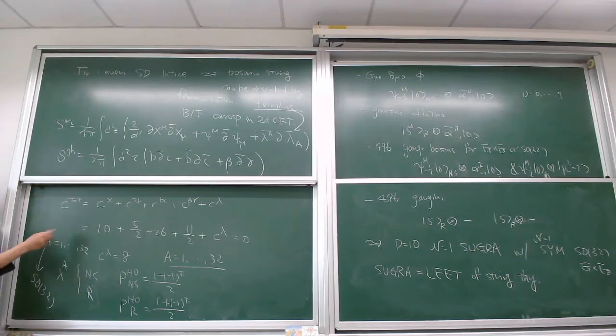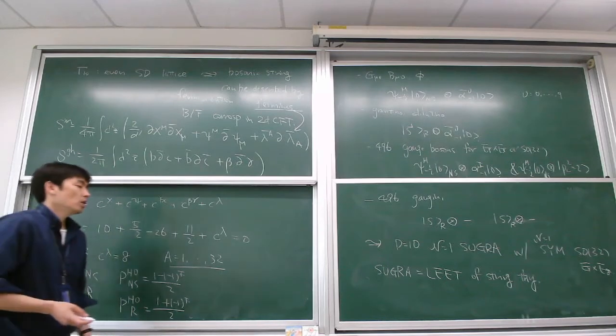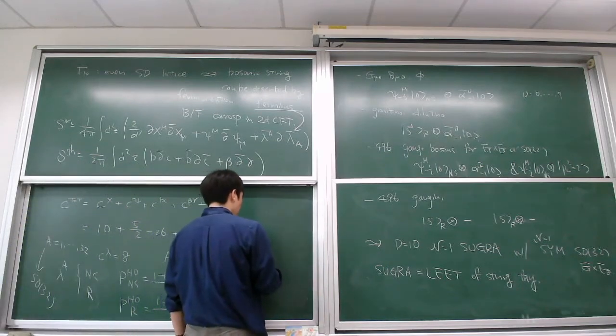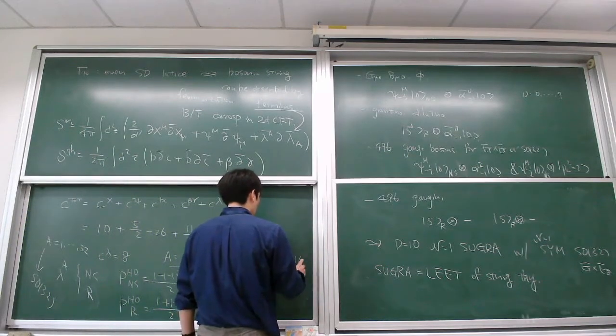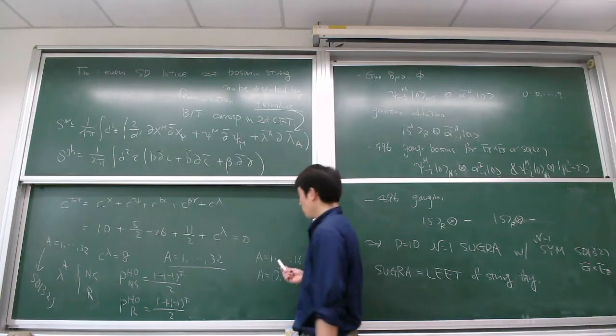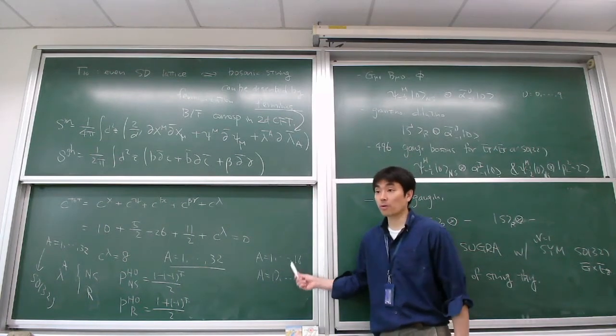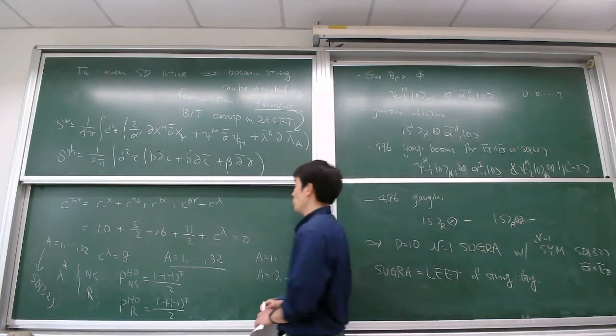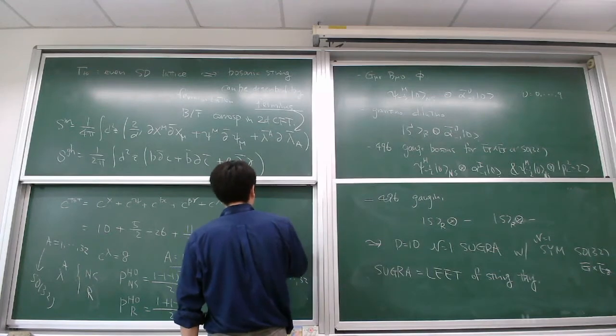Later, we will shuffle the boundary condition for half of the fermions. For the other half of the fermions, you impose another boundary condition. So you split A into 1 to 16 and 17 to 32, and then you impose different boundary conditions for the fermions. That will lead you to, as you can easily imagine, E8 cross E8.